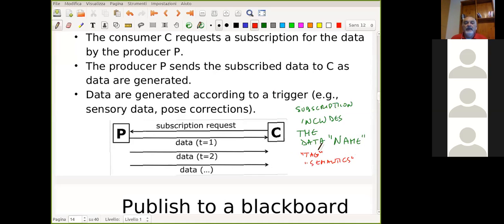What I mean with that is the fact that P can be a generator of different kinds of information, not only one. So subscription is to all data generated by P of some family. Can be, I want to subscribe only to actual position, or only to emergencies or something like that.